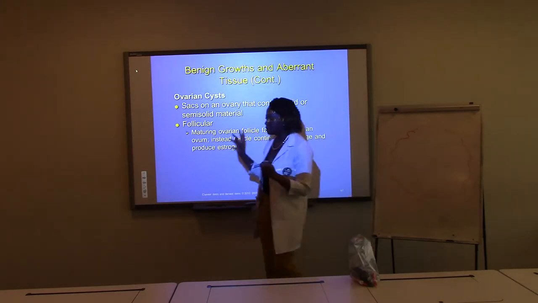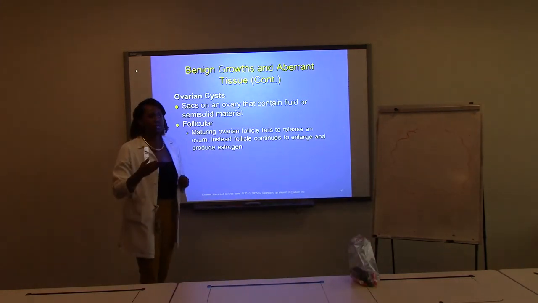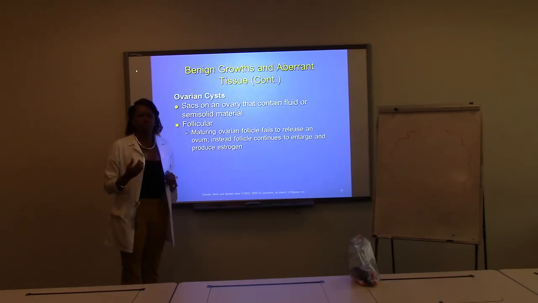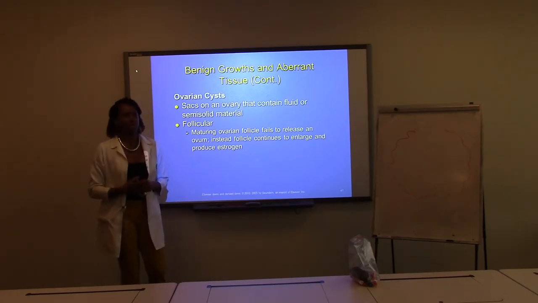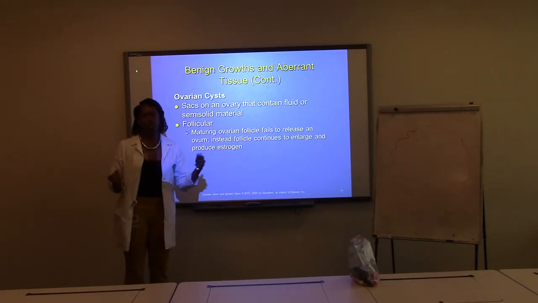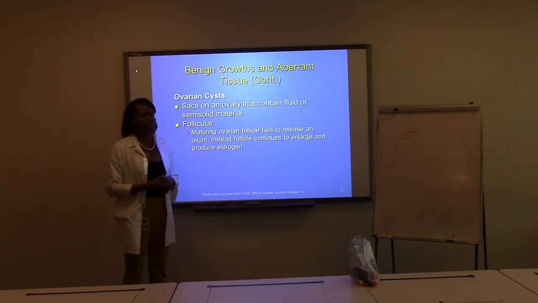Before I go into the different types, one thing I want you to know is that ovarian cysts can occur in women of childbearing age, meaning any woman who is having a menstrual cycle is definitely at risk for ovarian cysts.